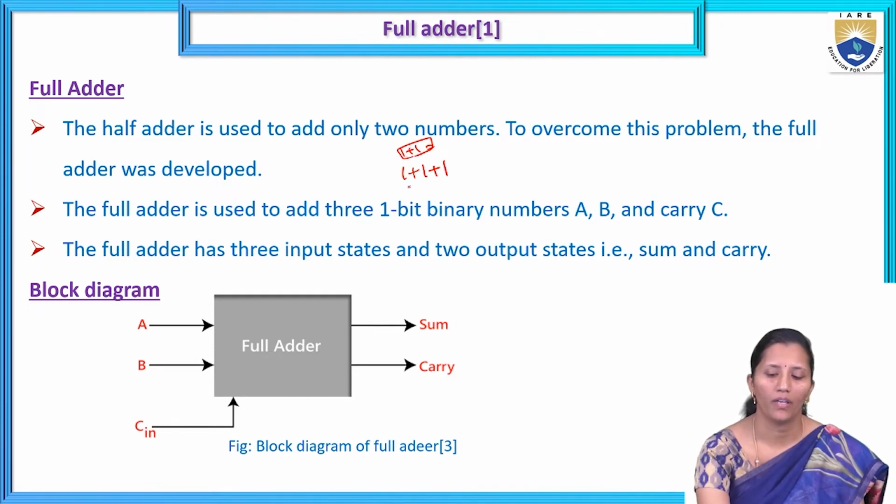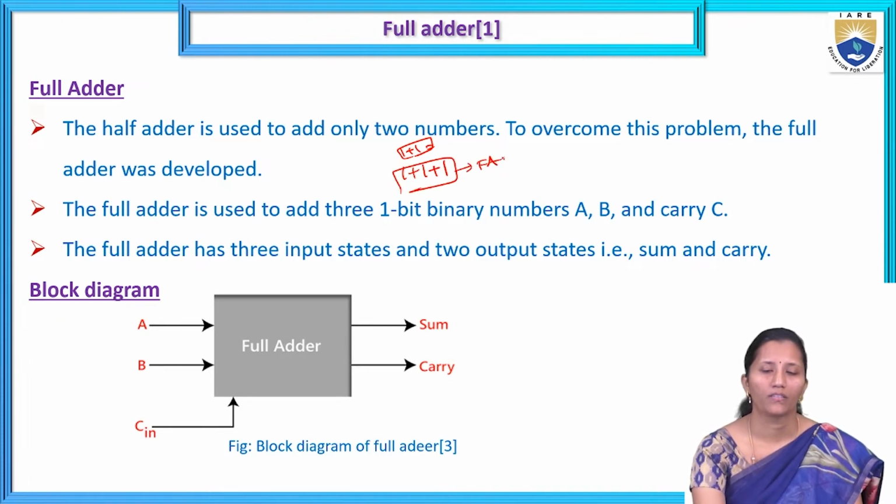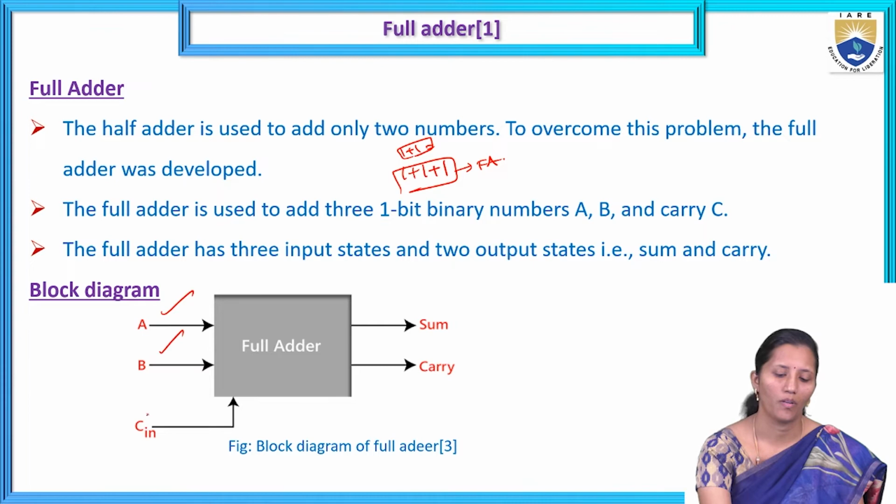But for adding 3 numbers, we will use the full adder. So the full adder is used to add 3 one-bit binary numbers. If you observe this block diagram, A, B, C are the inputs and sum and carry are the outputs.